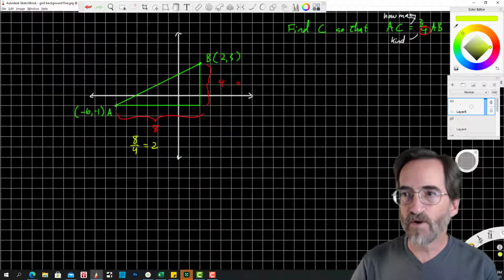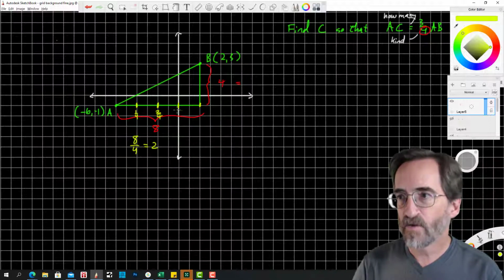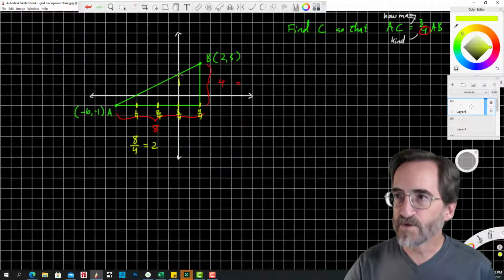So if I were to divide the bottom of this right triangle into 4 equal pieces, they would be units of 2. As I count off by 2's, there's 1 quarter, 2 quarters, or a half, 3 quarters, and 4 quarters, or a whole. Notice the 3 quarters occurs right here.